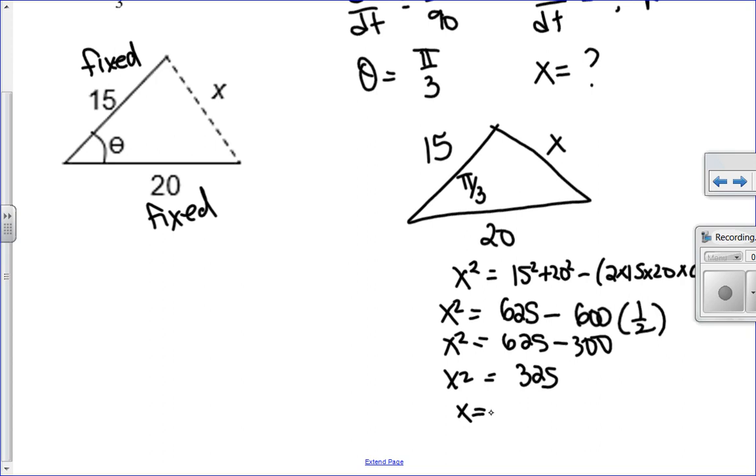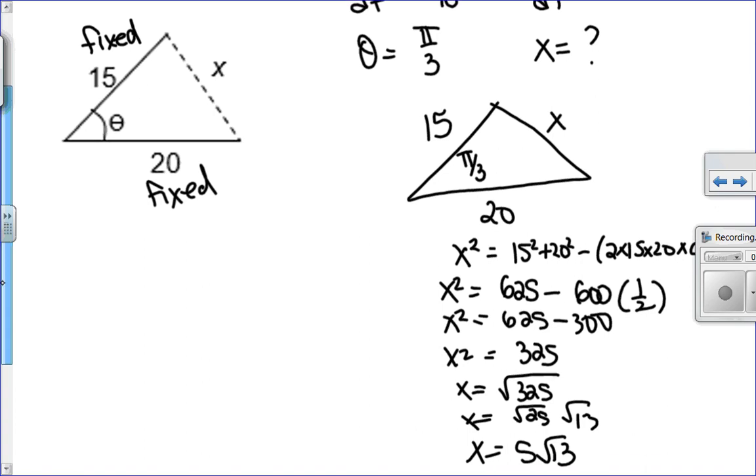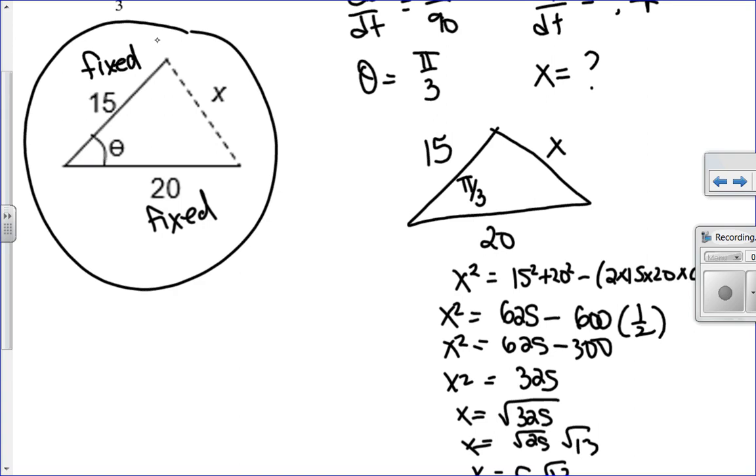So let's take the square root of that. The square root of 325, we'll simplify that into root 25 times root 13. So that's just 5 root 13. So now I know my specific x value that goes with it. Okay, so back up here, we're going to find this general triangle as it's changing.